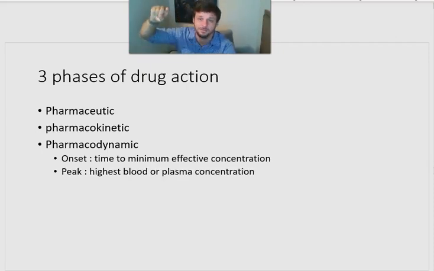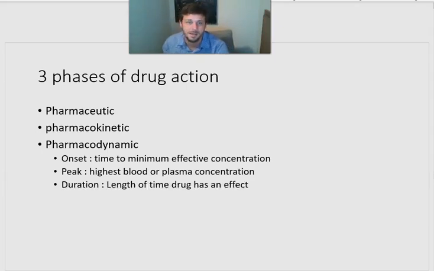How long until it peaks, until you get the highest blood or plasma concentration before it starts to drop down? Duration, how long does it hang around? So when we're talking about liver disease, the half-life on these increases a lot if the person has a liver disease. And so the duration of that drug is going to increase because the half-life has increased.